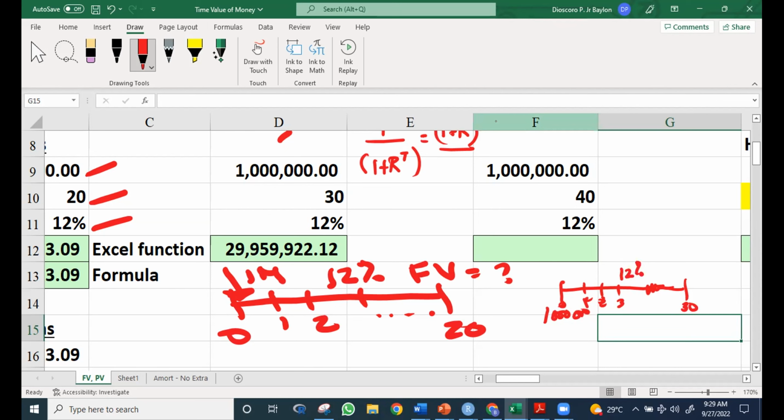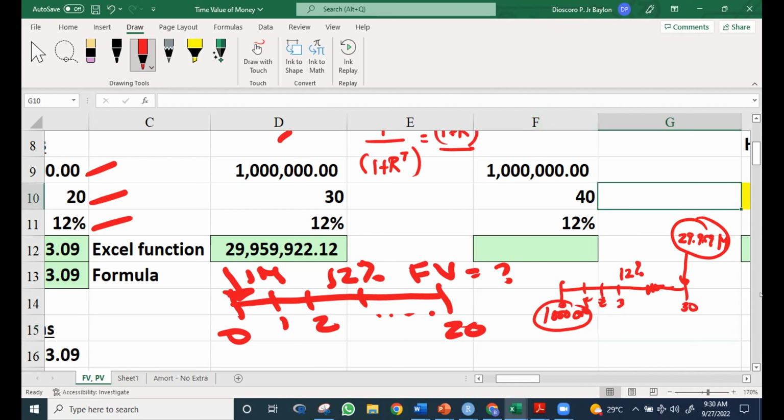This amount is equivalent to 29.959 million. So this amount and this amount are equivalent. Only that of course they come at different time frames, but they're equivalent. So technically we will be ambivalent. It doesn't matter whether we choose 1 million today or 29.959 million after 30 years at 12%. We will be ambivalent to that.